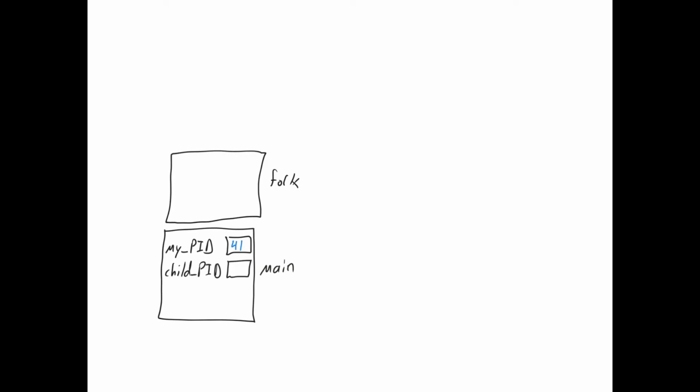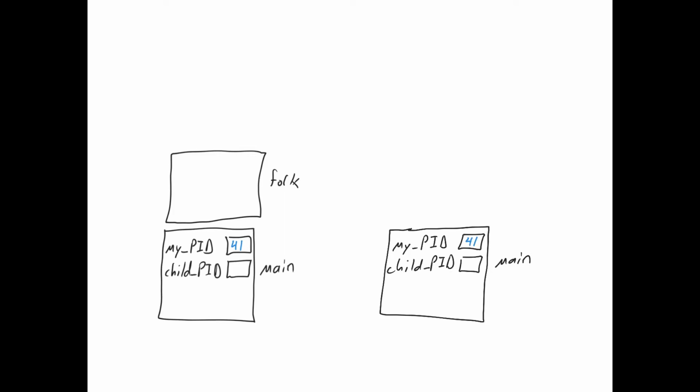But by reading the documentation for fork, we find that it will create an almost exact duplicate of our process, which means that by the time fork has returned, we will have a new process with its own function stack, but that will be an exact copy for our original process. When fork returns, we end up with two almost exact copies of the process.